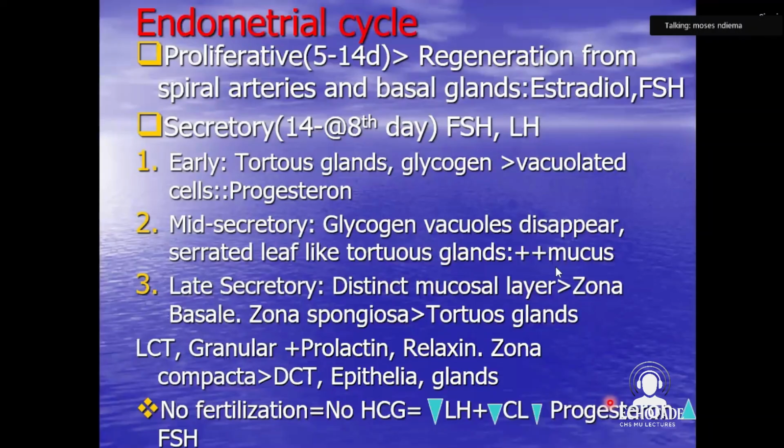This is because the dominant follicle suppresses the other follicles from developing so that you have only one mature follicle developing. That dominant follicle could be because it is receiving more follicle stimulating hormone compared to the other follicles, so that it becomes more dominant, and now ovulation takes place.